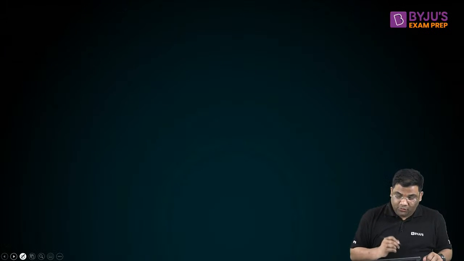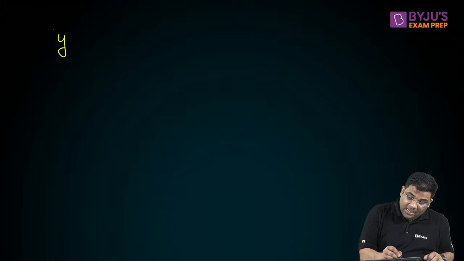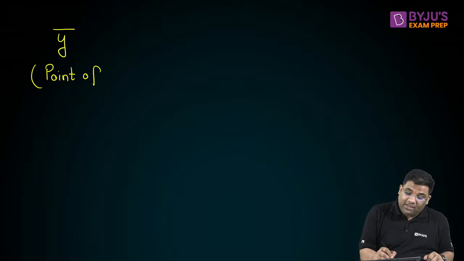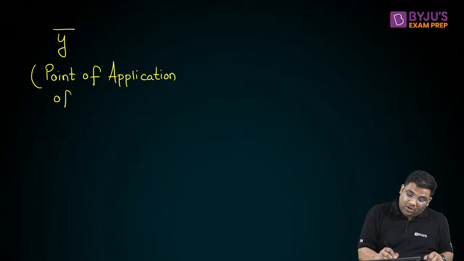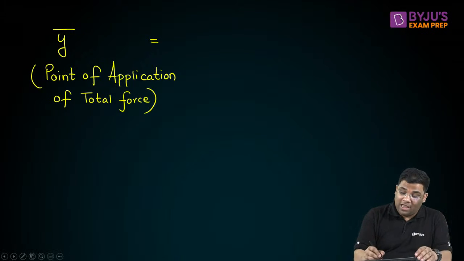Now, how to find out the total force? Very easy. The point of application of total force. So those are the point of application of individual forces. Point of application of total force will be equal to a simple formula.